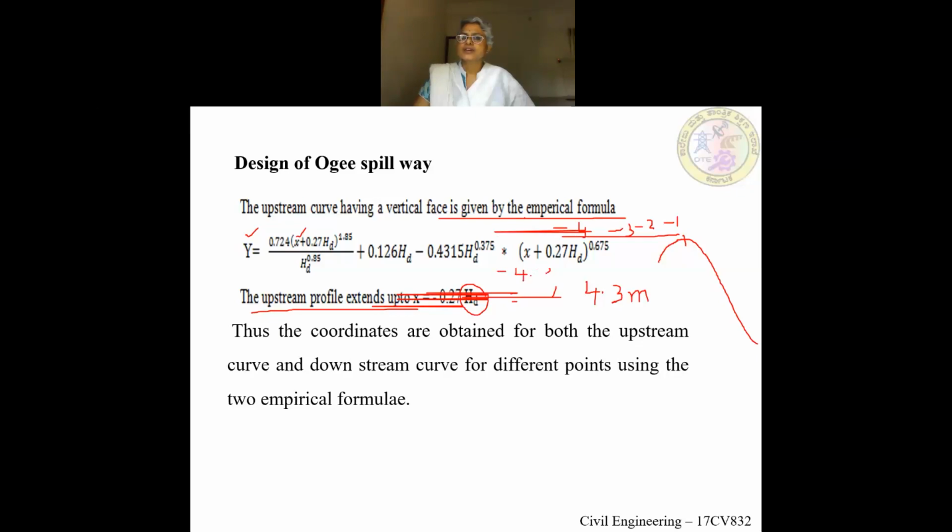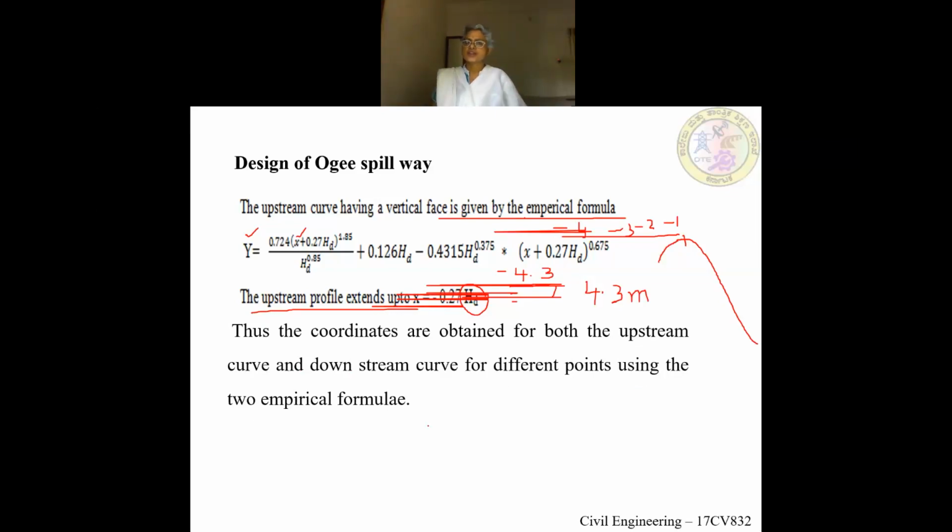Like this, for different values of x, you substitute and find out the different values of y. Because it ends at 4.3, that is from this formula, it is minus 0.27 Hd.